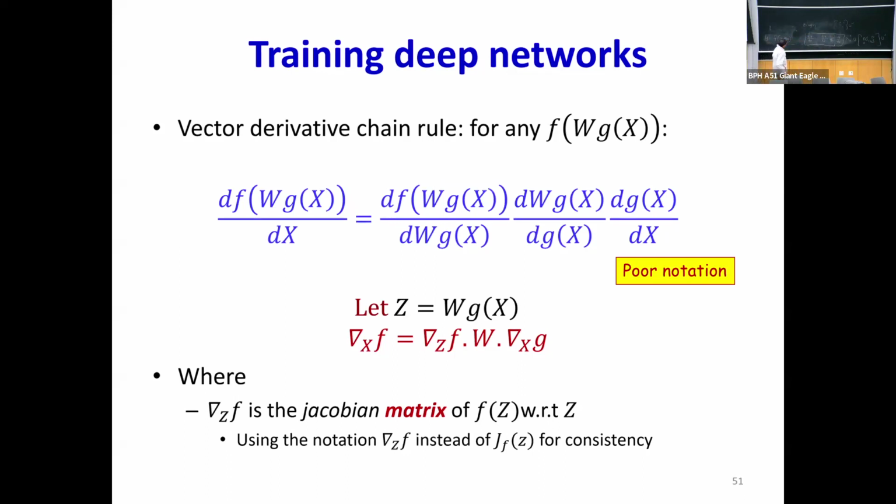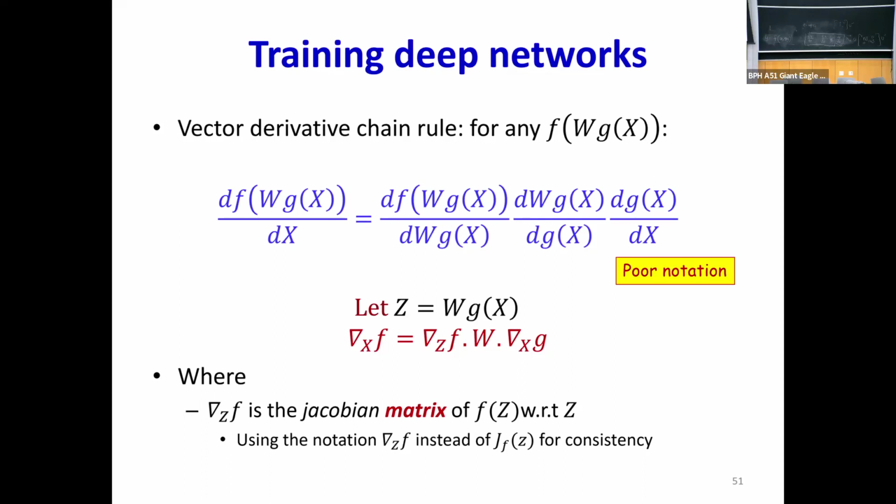Okay, now what are these? z is a vector, x is a vector. So although I've written them as dg over dx and dy over dz, these are actually Jacobians. Are they not? Okay, so I can write the whole thing like so. The Jacobian of g with respect to x pre-multiplied by w, pre-multiplied by the Jacobian of f with respect to z. Everybody with me?